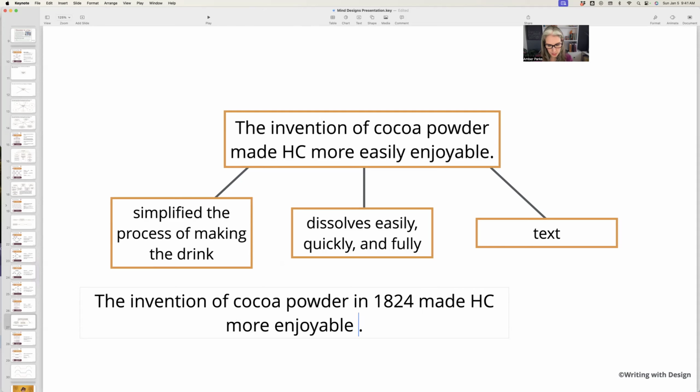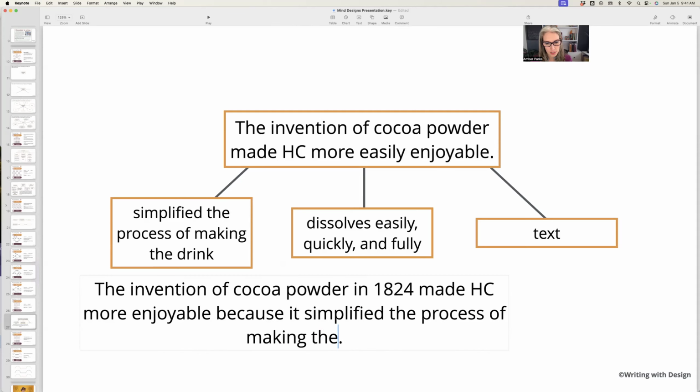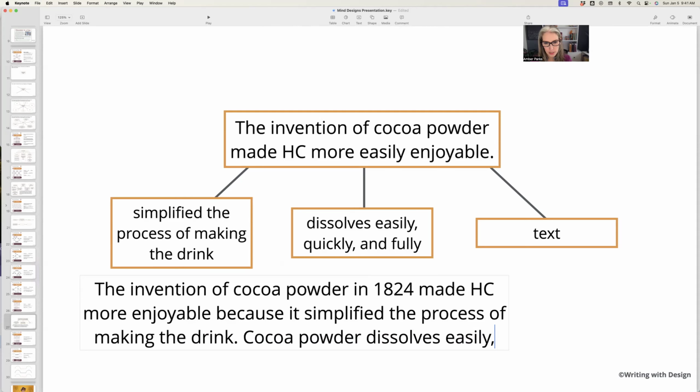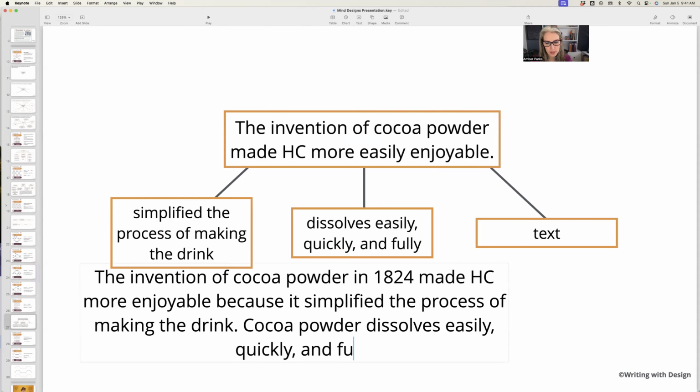And I'm just going to keep going with because it simplified the process of making the drink. Cocoa powder dissolves easily, quickly, and fully in hot water or milk.